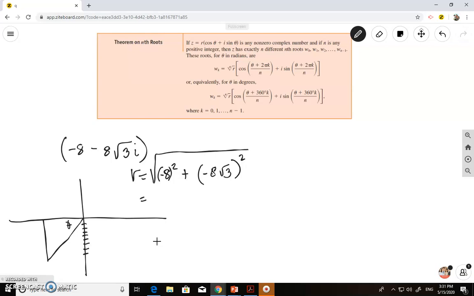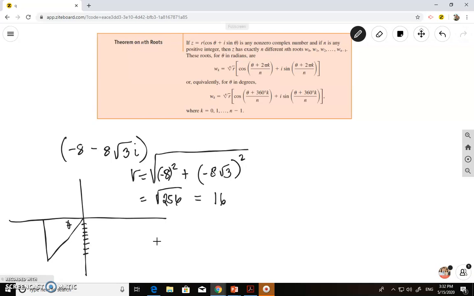So we have the square root of 256, which is equal to 16. So our r is equal to 16.